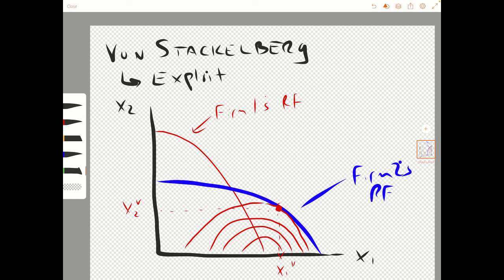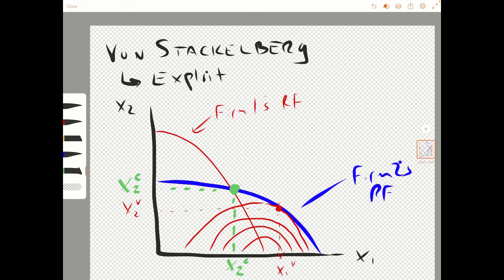But if we were to compare that to the Cournot result, here's our Cournot result with a green dot. The Cournot output for firm 1 is a lot less, and the Cournot output for firm 2 is higher. So what's going on here is that firm 1 is basically pulling a fast one on firm 2. They're increasing their output to make it more profitable for firm 1, at the expense of firm 2.